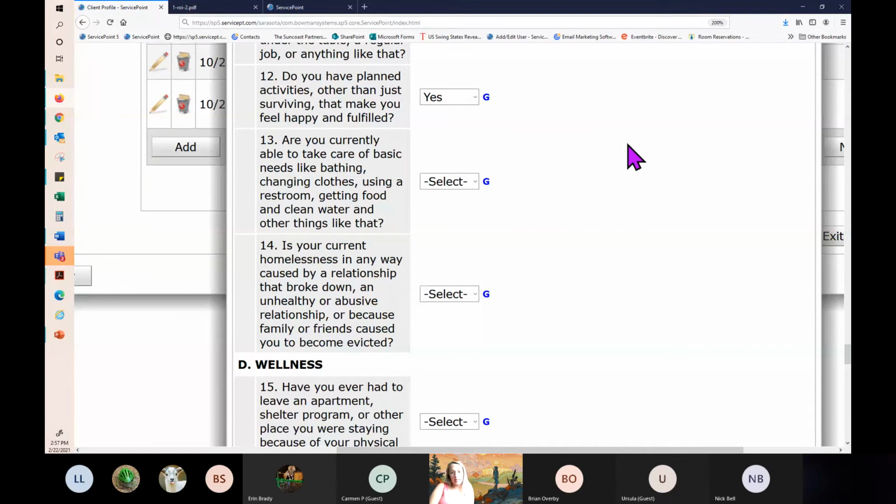That is what this question is asking. Because a lot of clients say, well, yeah, I'm able to, but I don't have a place to do that. In reality, they do at Turning Points and the Salvation Army Sarasota, they offer those types of services. So keep in mind that we are asking if the client is physically able to.